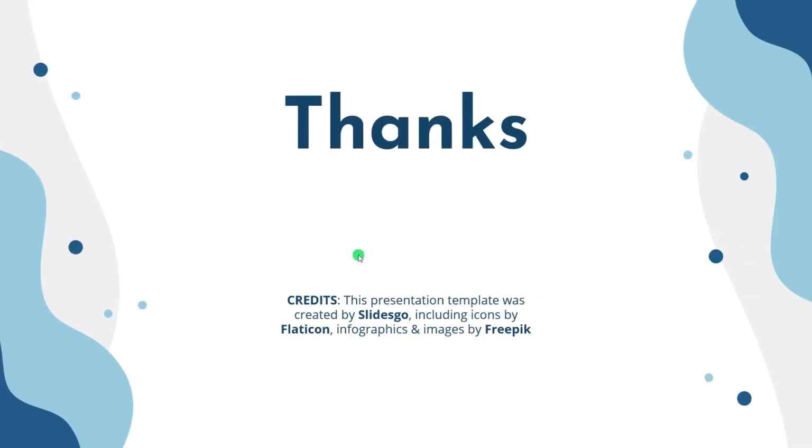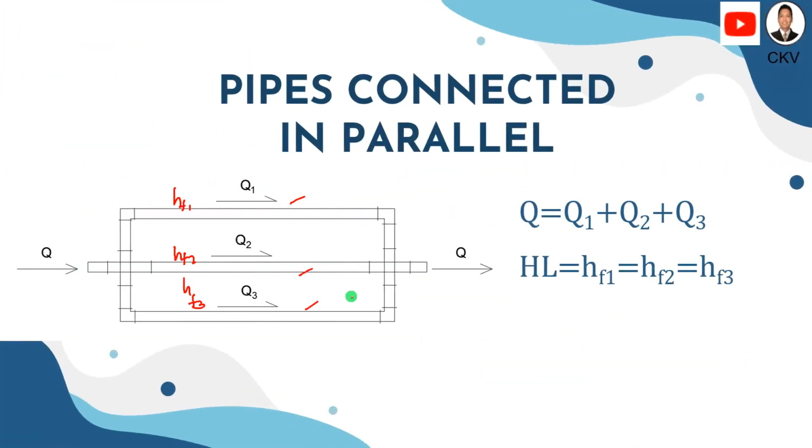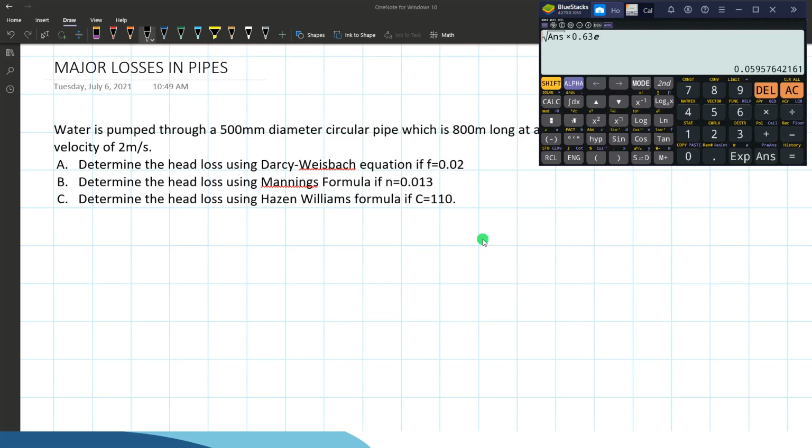Okay, so let's solve now some sample problems. Problem number 1. Water is pumped through a 500 mm diameter circular pipe. So given diameter is 500 mm.